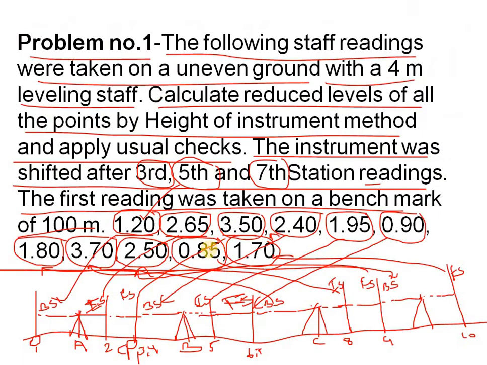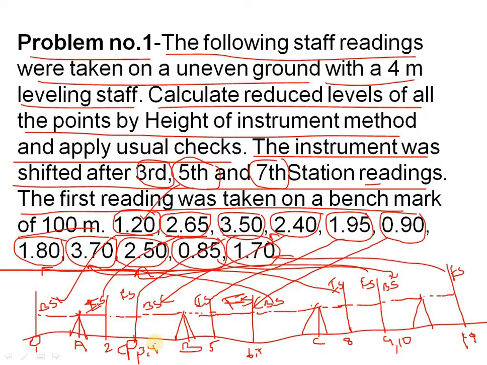So have we missed any point here? We can observe here 1, 2, 3, 4, 5, 6, 7, 8, 9, 10. Yes, here we have missed one point. That is FS and BS, and the last one will be the level. So we have shifted the third point.